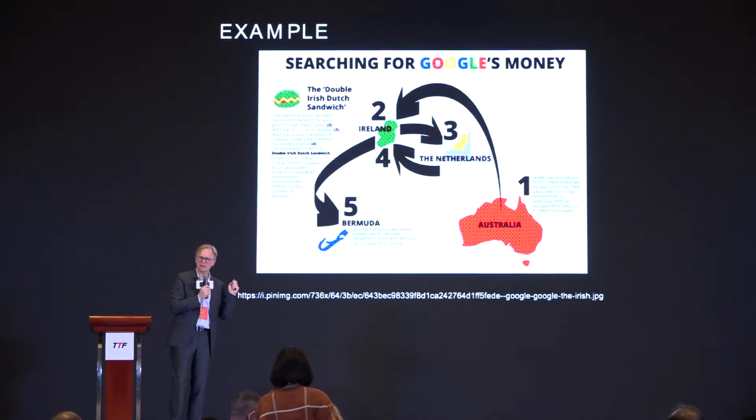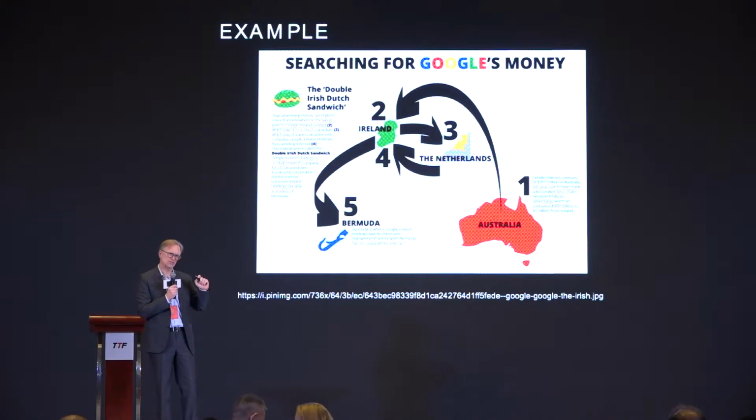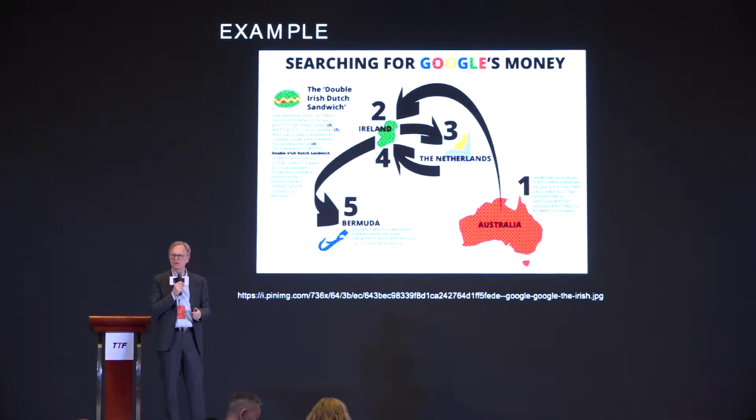Now, you might ask, what exactly is the problem, at least as the press describes it? Well, if you look at the way Google's taxation worked for a period of time, there was something that was called a double Irish-Dutch sandwich. Now, why is it called double Irish-Dutch?